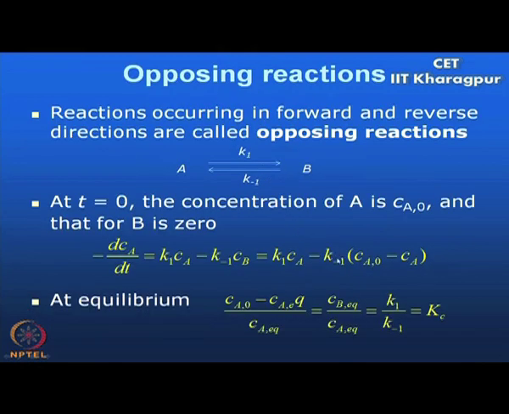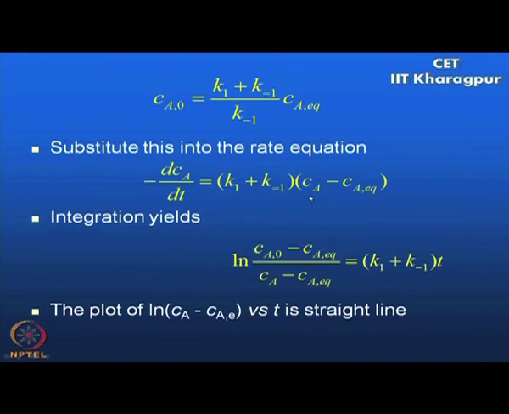What was the rate equation? The rate equation was this. If you replace Ca0 in terms of Ca equilibrium, that is, the equilibrium concentration of A, then you will get this expression.